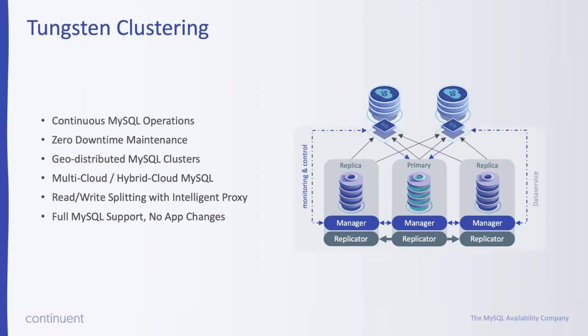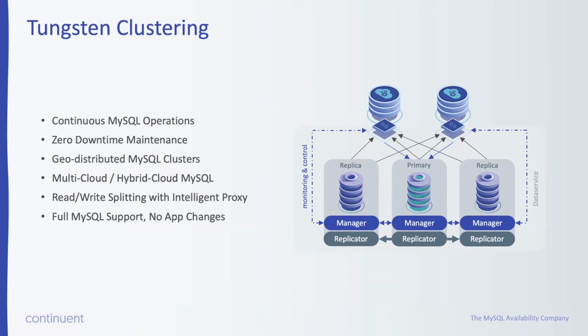We fully support geo-distributed MySQL clusters, and really we accelerate on that, and we'll see that in a few minutes. And along those lines, we support cloud, multi-cloud, or hybrid cloud. So you can deploy in two cloud providers if you would like, or deploy in a cloud and on-prem at a geo scale.